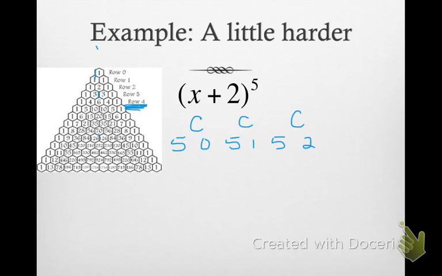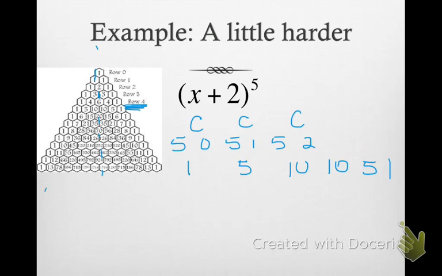Pascal's triangle is symmetrical. So once you know half, or in the cases where there are odd entries, you have to know up to that middle term, the other side's going to repeat. So 5 choose 0 is 1, 5 choose 1 is 5, 5 choose 2 is 10, and then the other side's going to go 10, 5, 1.